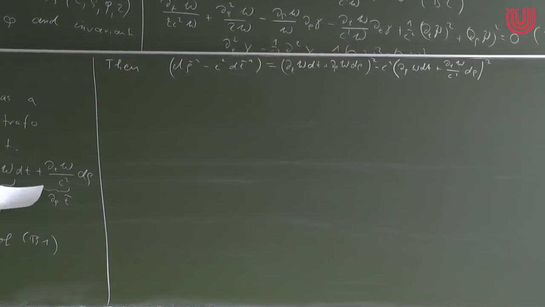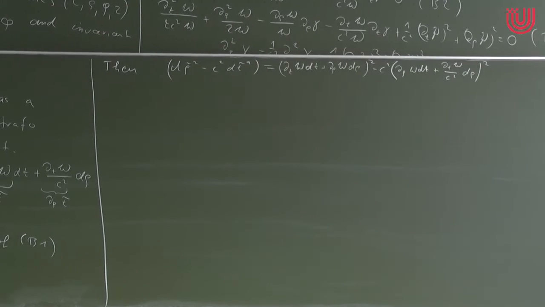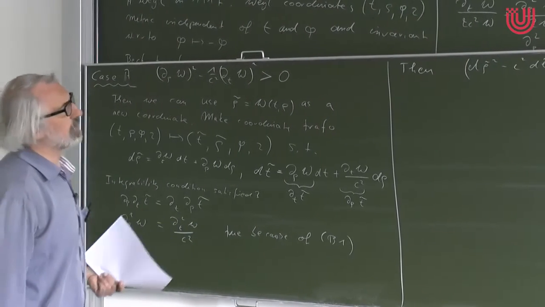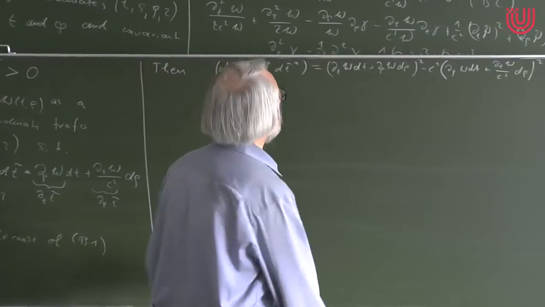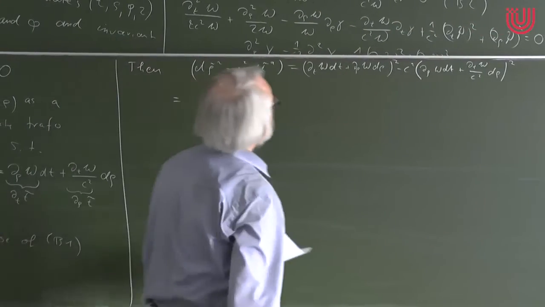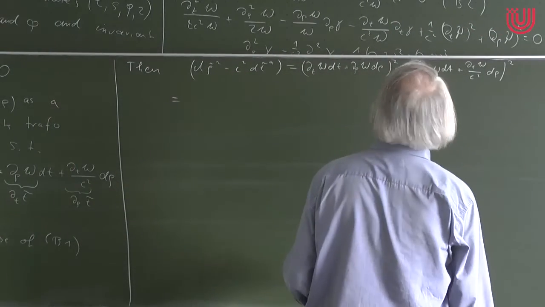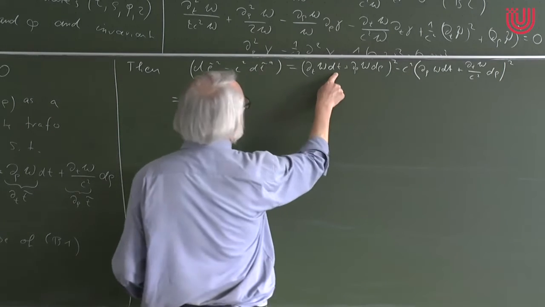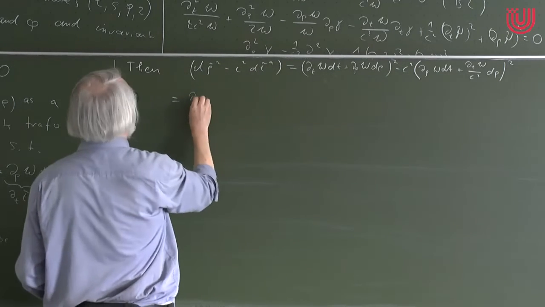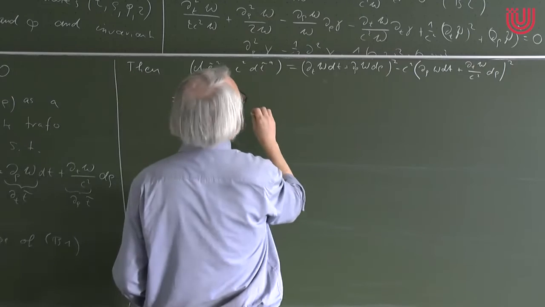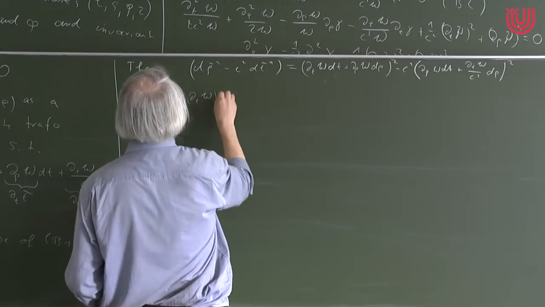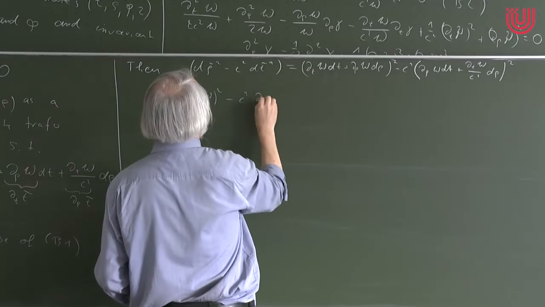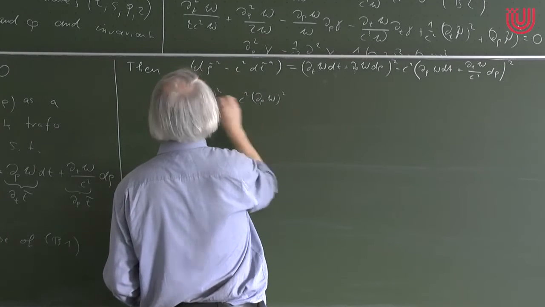Is this true with the squares here? Let me see. Yes, I think it's true. The c squared should be correct. Let me see if it works out. So then I have, in front of the dt squared, d rho tilde over dt squared minus c squared, dt tilde over dt squared.